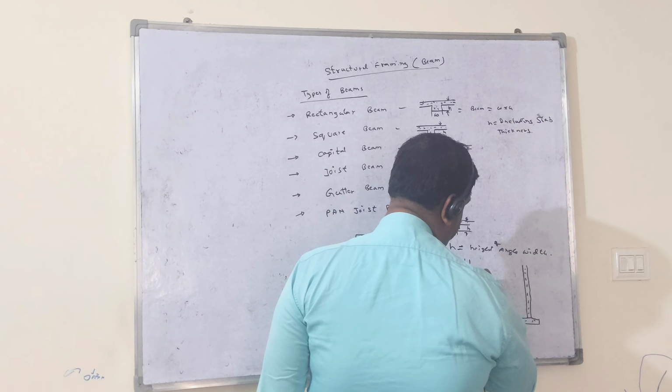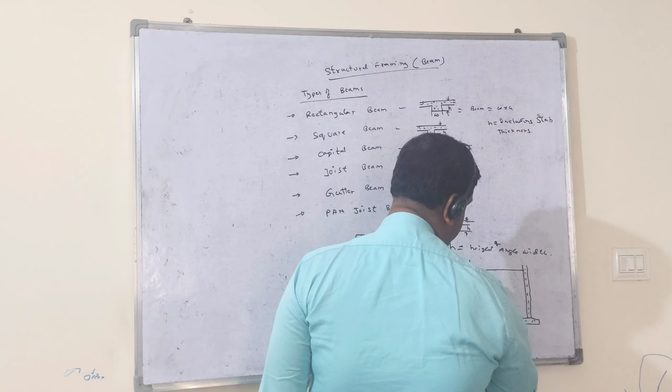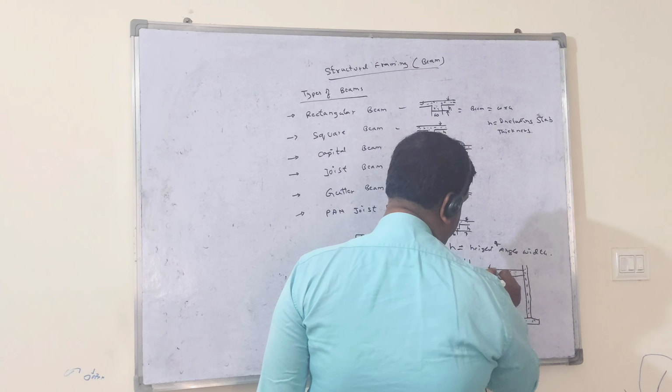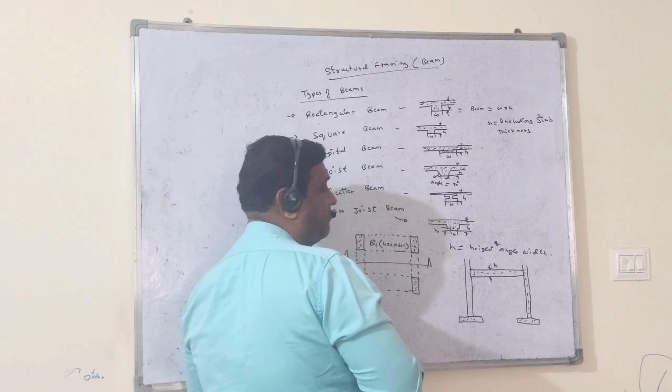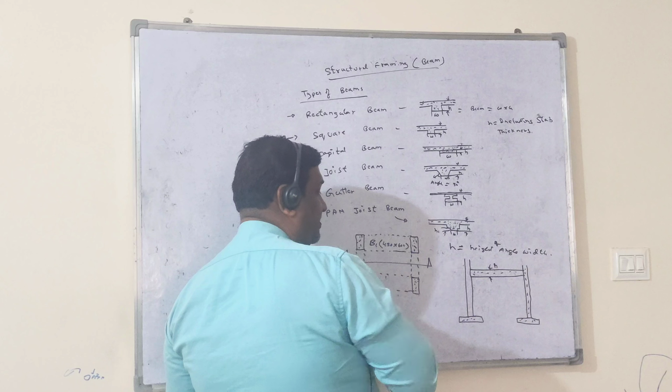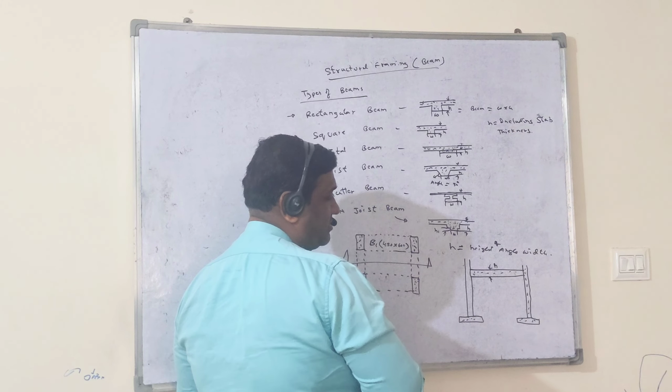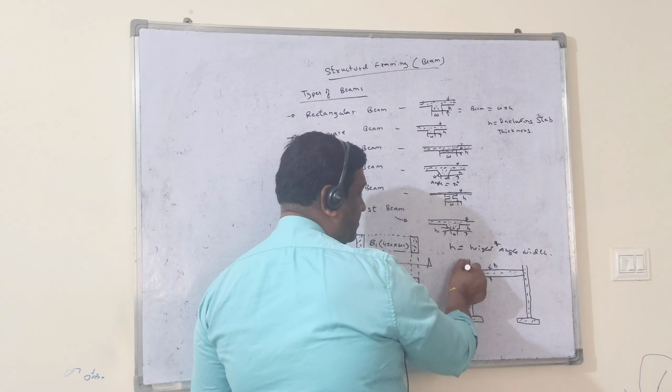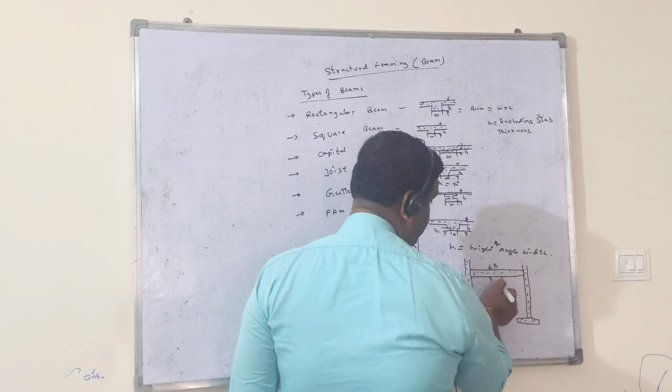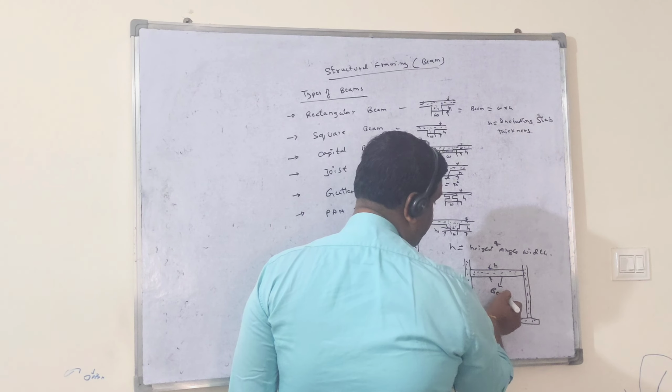And the beam is going to look like that. Whatever height we consider, we will call it H, the height of the beam. If you cut the section, it will look like that. Here also the column, and this is a beam.